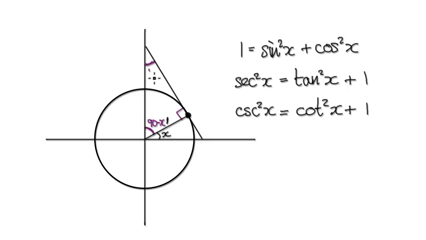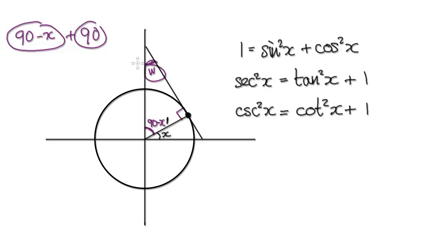Let's call it W. So if you consider this triangle here, all the angles inside a triangle must add up to 180. So if you get this angle, which is 90 minus x, that's the first angle, plus this 90 degrees here, plus this angle here, which we are trying to seek, W, it must come to 180 because of this triangle here.